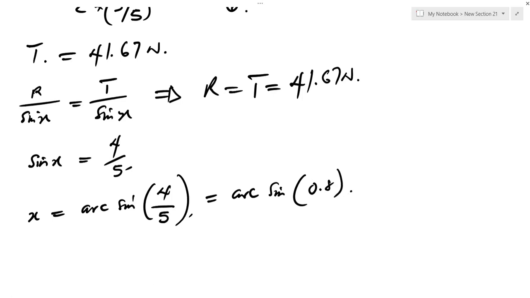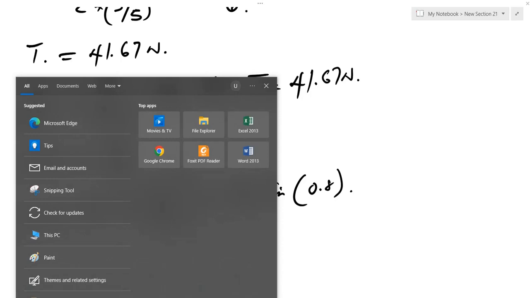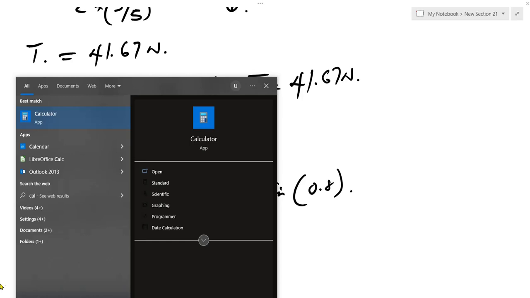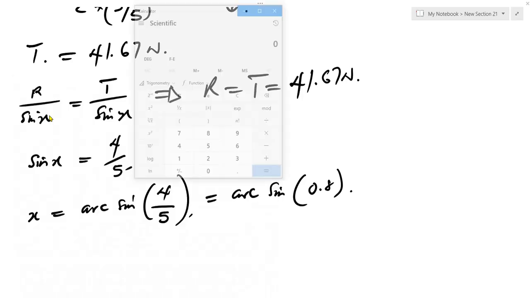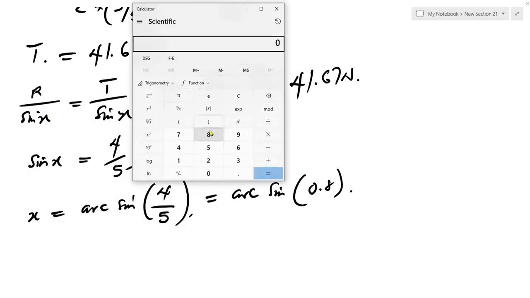Now let's use our calculator to solve this. So 4 divided by 5.